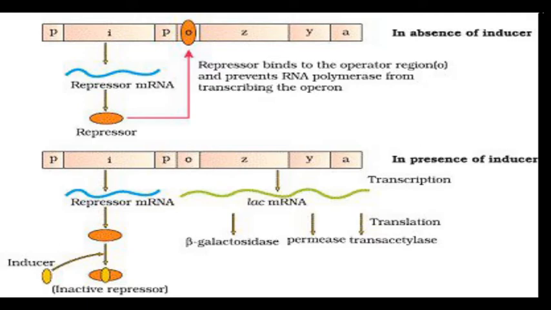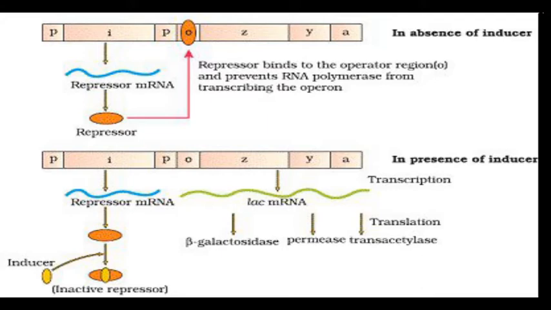It codes for the repressor, whereas the Z gene codes for beta galactosidase, which we otherwise call beta gal, which is responsible for the hydrolysis of the disaccharide, which means it breaks down lactose into glucose and galactose. And there is another structural gene, Y. This codes for the enzyme permease, which means the lactose that is present outside has to be carried into the cell.